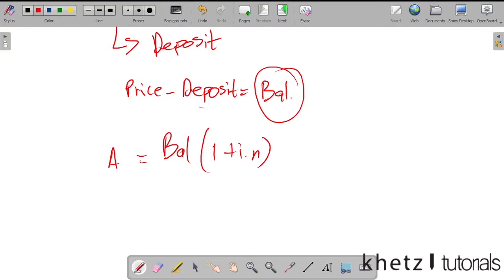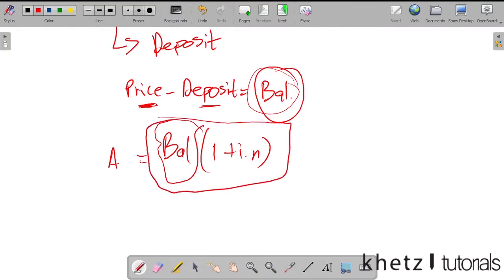So after subtracting your deposit from your stated price of the item, you get your balance, then you apply interest to that balance by using this formula, and this A would be the amount to be paid. So that is the amount which you should pay.